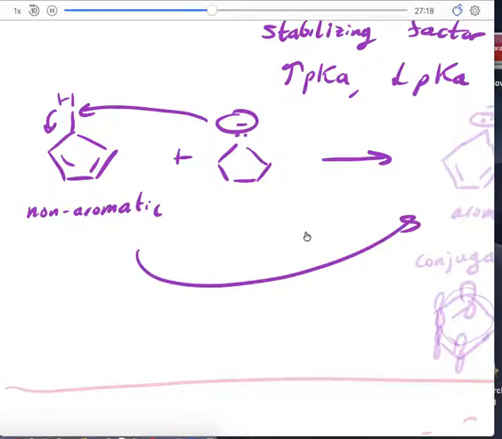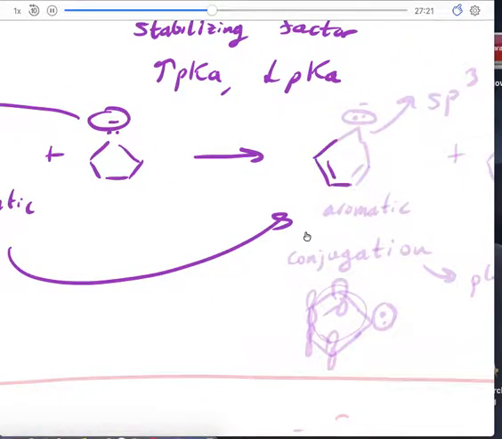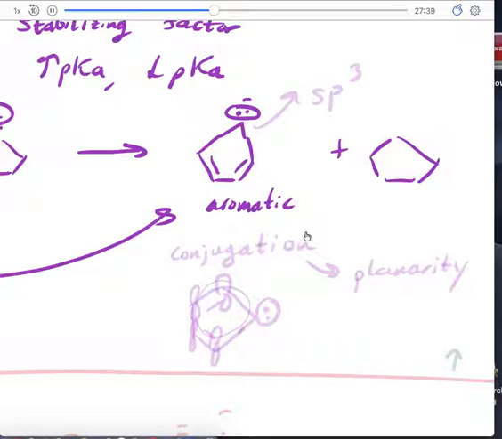Now it goes to being aromatic because we got an extra pair of electrons that we can use to fill that orbital, the 1, 2, 2, 2 pattern. So this is aromatic, and then we have cyclopentane, of course. Because we go from non-aromatic to aromatic, that drives the reaction forward. Does that make sense? It might be a very subtle thing that you do have to keep into account.